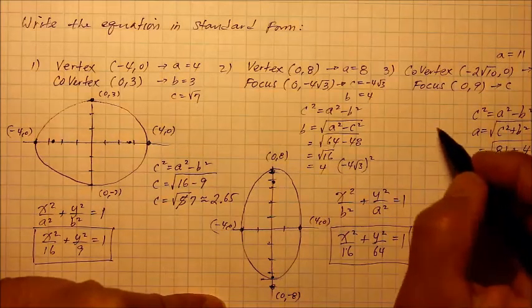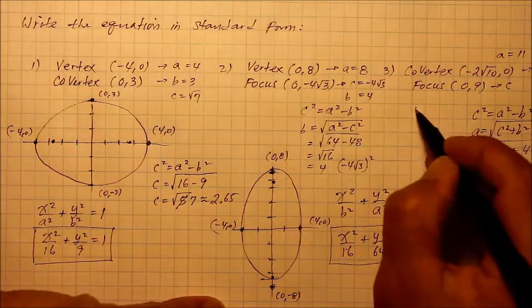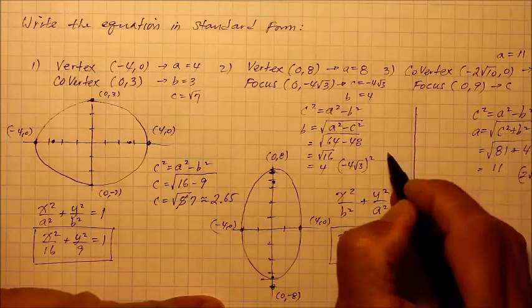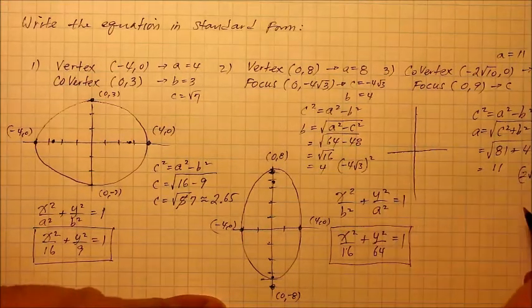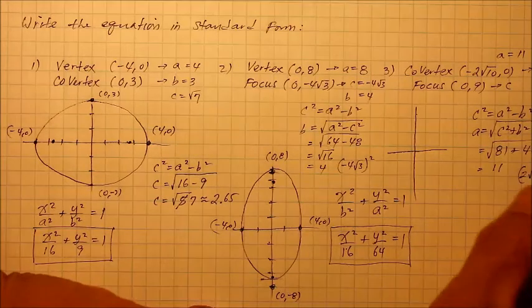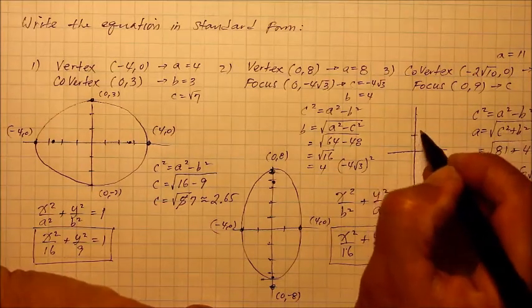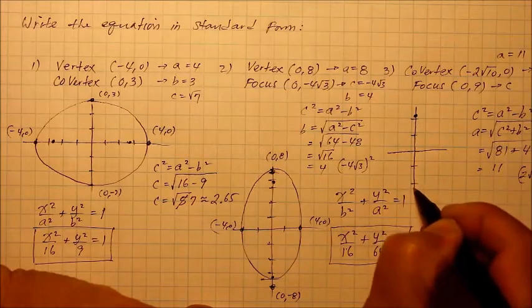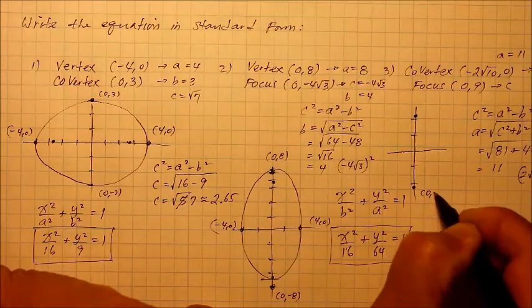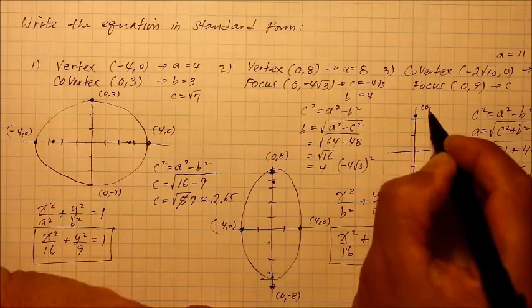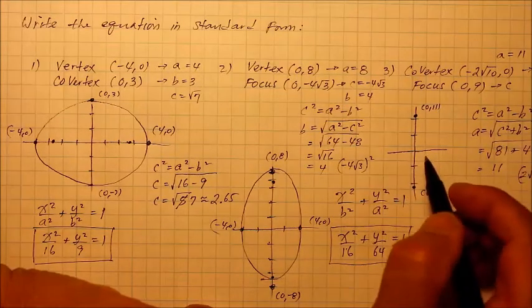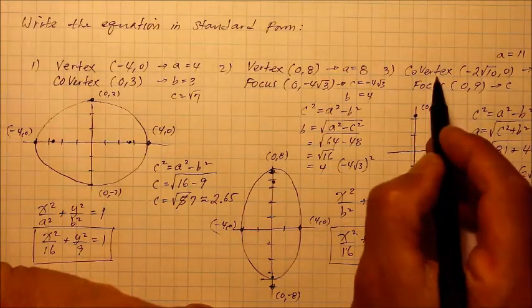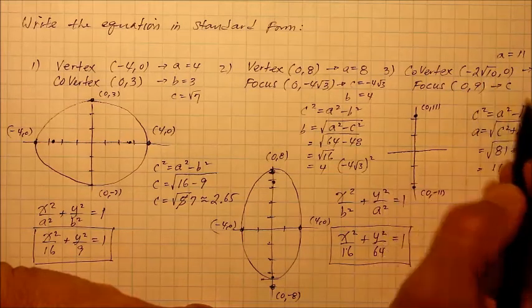And now let me go and draw the picture. Okay, I like pictures. Once again, it's going to be a vertical major axis. So the a is 11. 5, 10, boom, 11. Okay, and the co-vertex is given as negative 2 square root of 10.